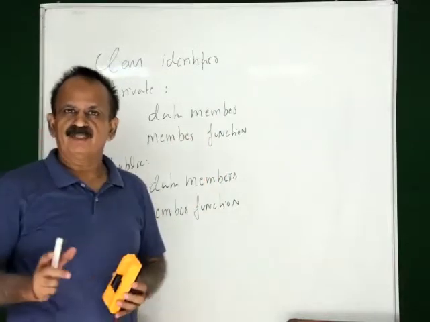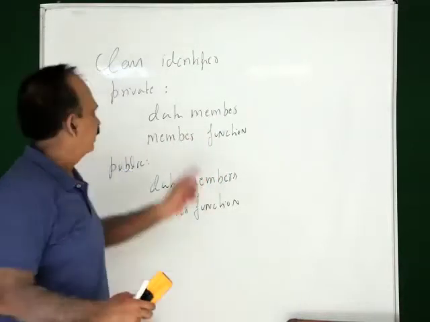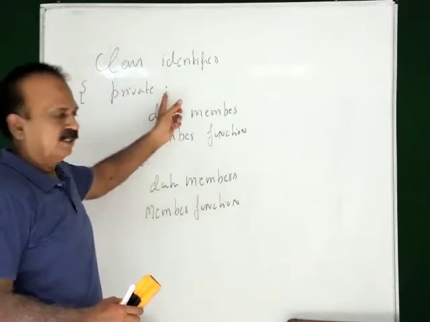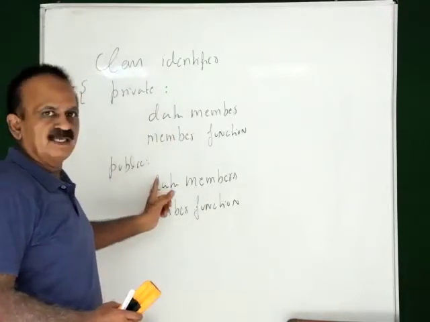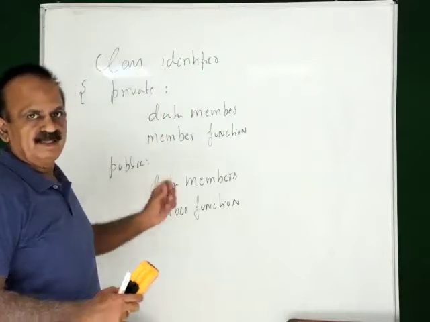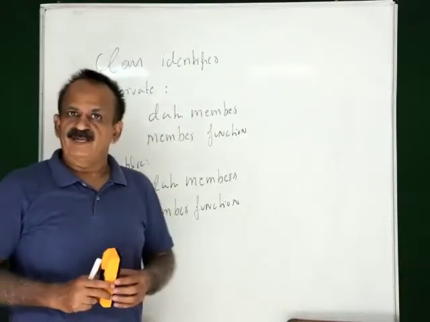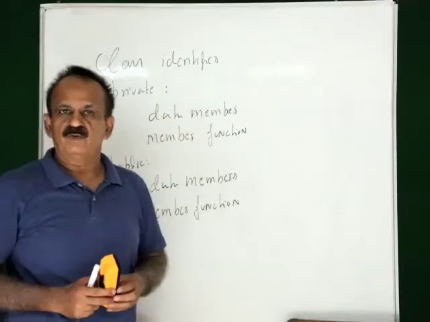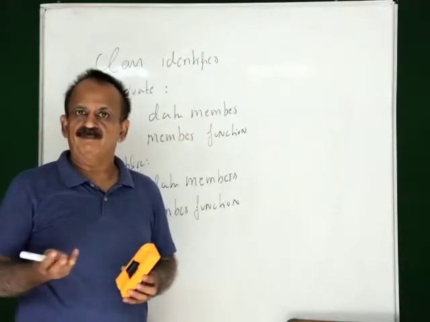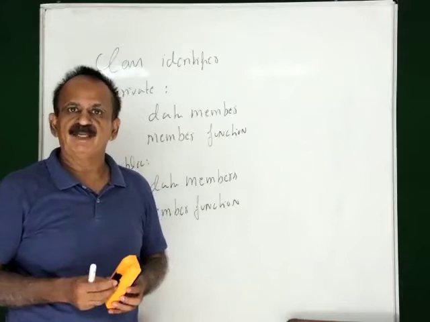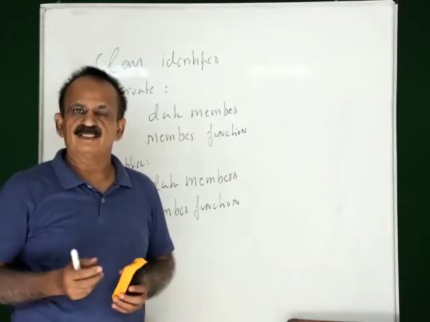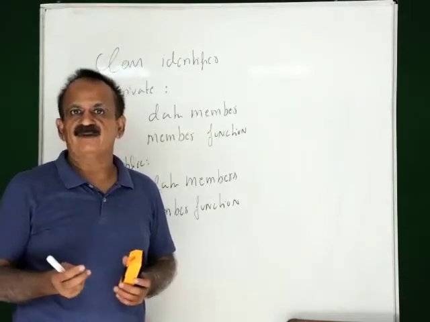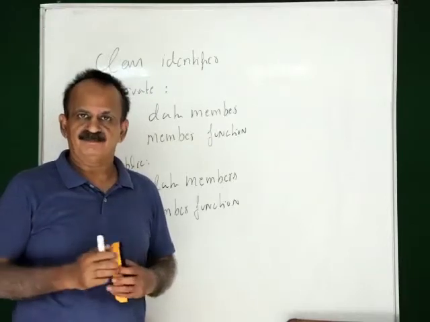But most of the time in programs, data members are declared as private and member functions are declared as public. To repeat, private members are those which can be accessed within the class or by the members of the class, and public members are those which can be accessed within the class as well as outside the class.